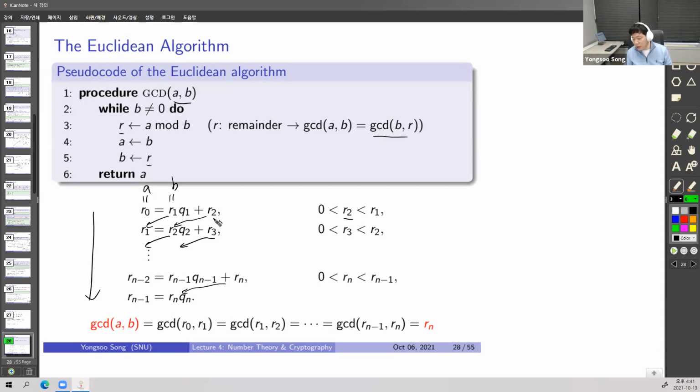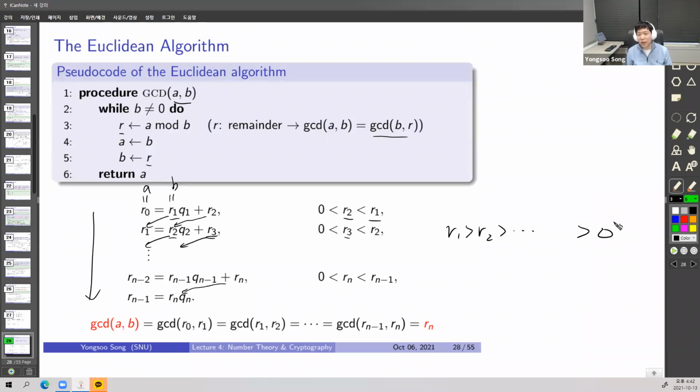R2 is a remainder with respect to modulo R1, so R2 should be less than R1. And in the next step, R3 is a remainder of division with respect to R2, so this remainder is less than R2. So we have this chain of R values, which is decreasing, but they are all positive integers.